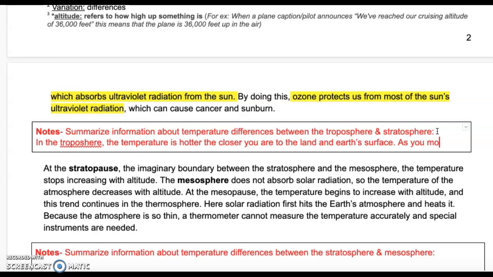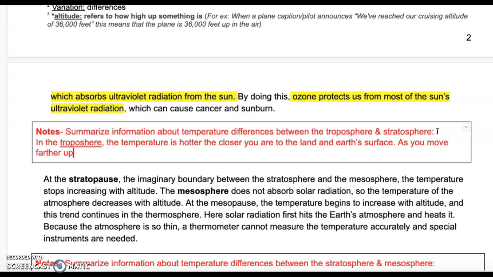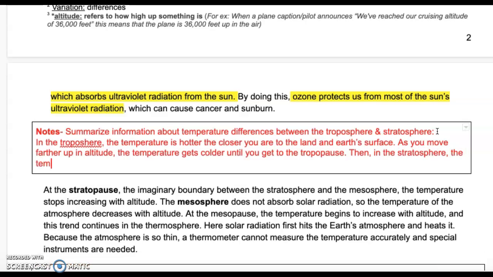As you move farther up in altitude, the temperature gets colder until you get to the tropopause. Then, in the stratosphere, the temperature, and you can go ahead and finish that sentence.